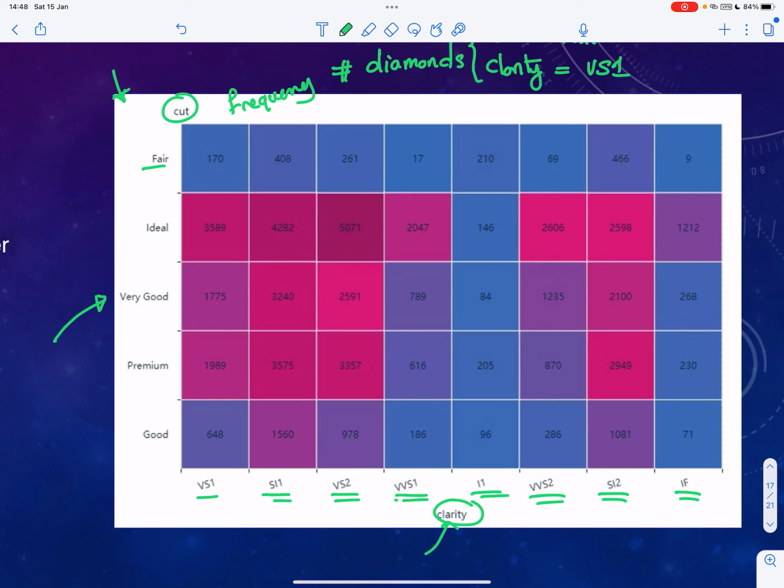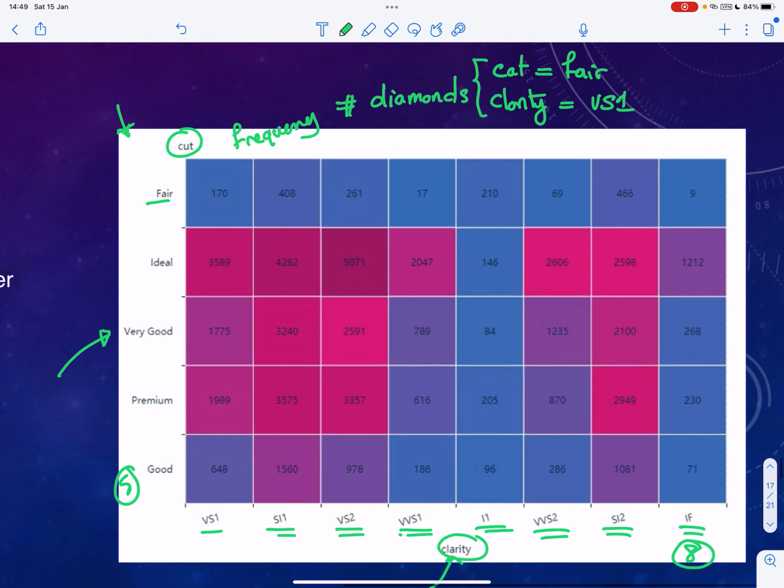So there are 8 categories for clarity and 5 categories for cut, and we have 40 boxes of subcategories. A subcategory is like fair VS1 or fair SI1. This is the description, the structure.